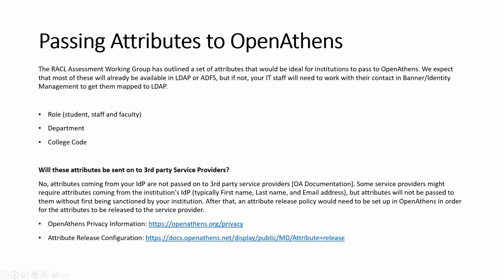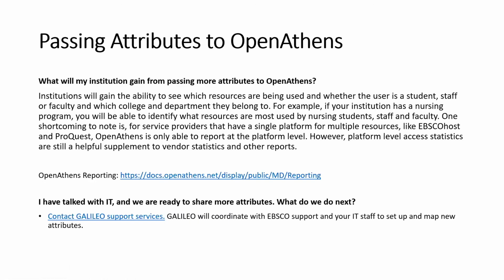And the next slide. We've pretty much talked about what the institution would gain in terms of viewing their usage data, and here we've outlined it at a very high level. Then it ends with the next step.